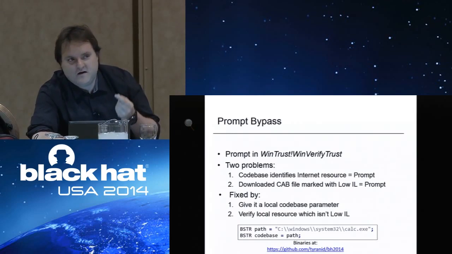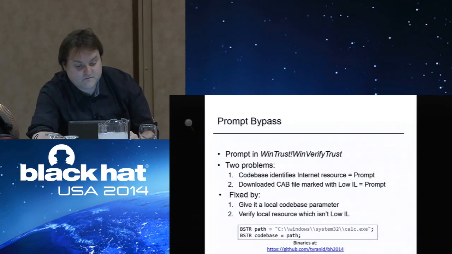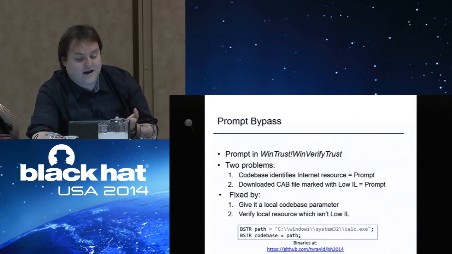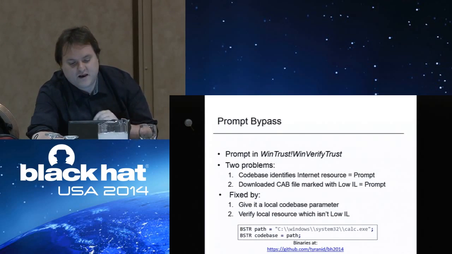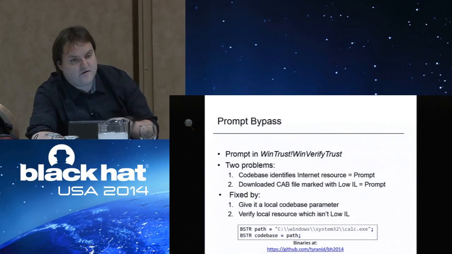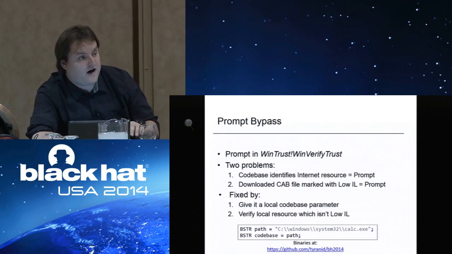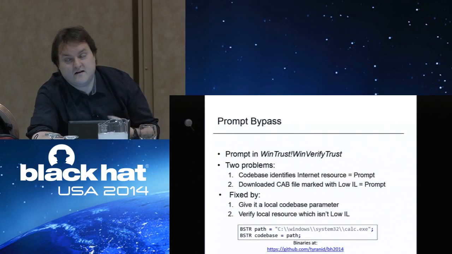If it came from the internet, it will be an HTTP URL. If it came from a local file, it will be a file URL, or just a file path directly. Secondly, was the cab file we downloaded for the ActiveX control marked with low integrity? Whenever a low integrity process creates a file, it automatically gains that integrity level. So it can use this to determine whether a low privileged sandbox process has written this file, and therefore it shouldn't be trusted and will prompt on it.